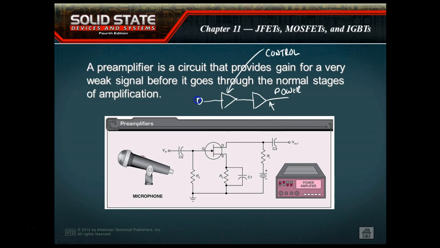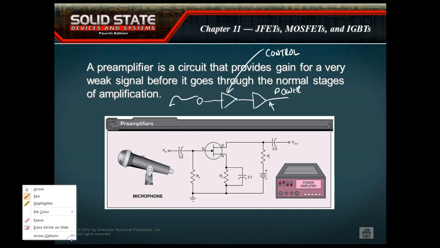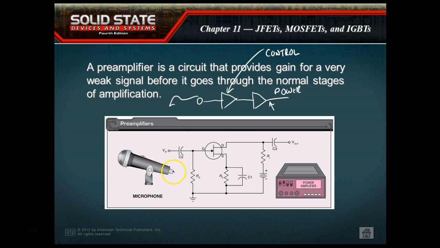The actual signal that you're amplifying comes into the preamp. So in this slide, what they're doing is bringing in the input of a microphone, and a microphone is a high impedance device. The microphone would connect right here. So we would match the impedance of the microphone right there, and microphones have pretty standard input impedance.